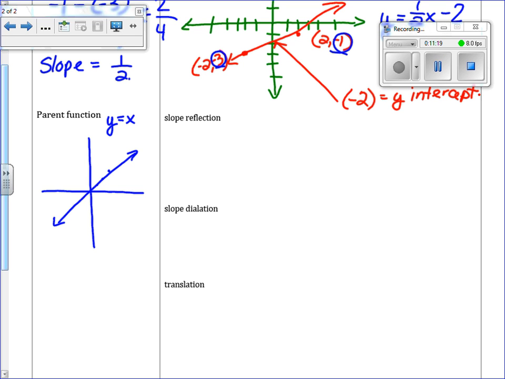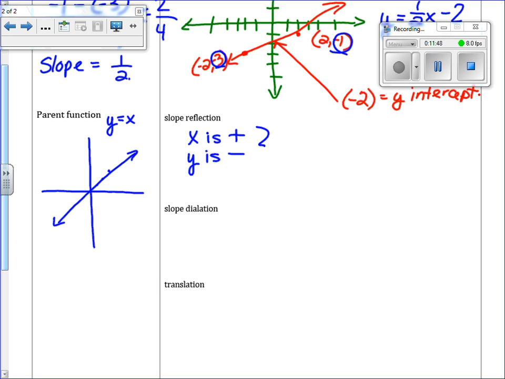So if I want to talk about slope reflection, basically, if my x is positive, I want to make my y negative.